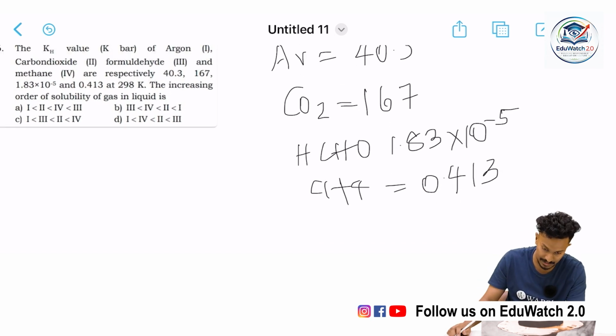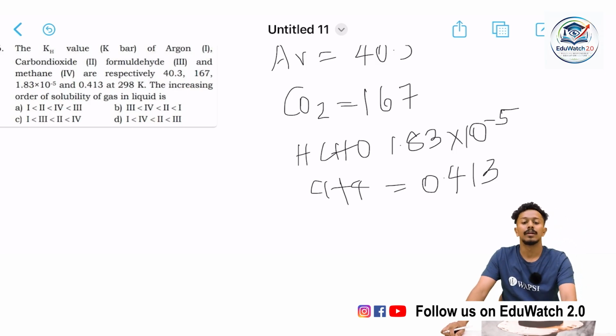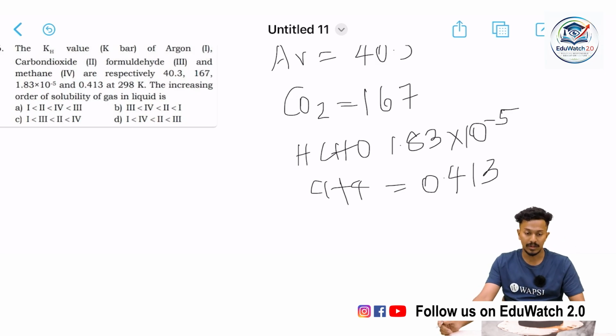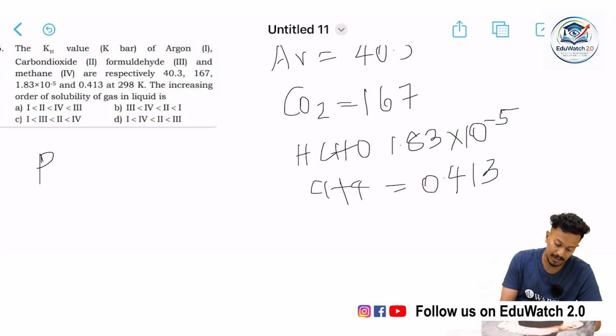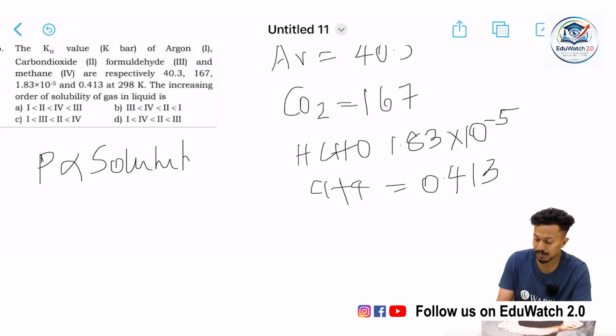So we have to find out the increasing order of their solubility. We know that Henry's law says pressure is directly proportional to the mole fraction, and solubility is directly proportional to mole fraction, right?